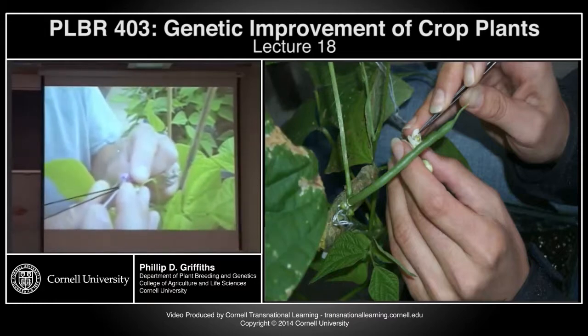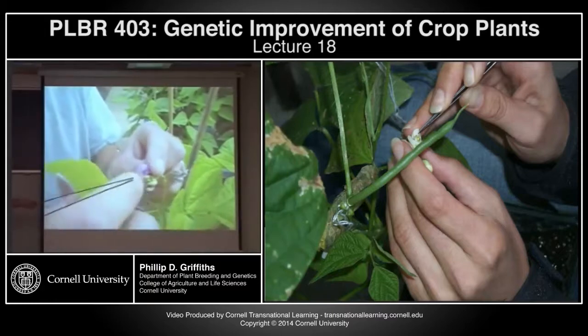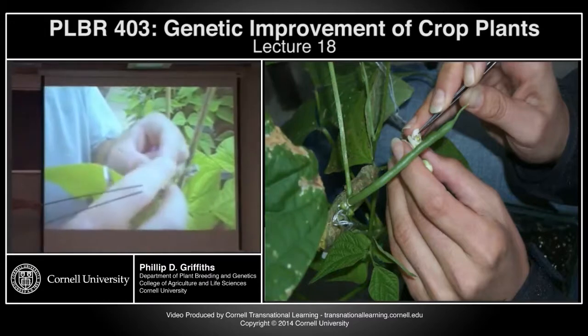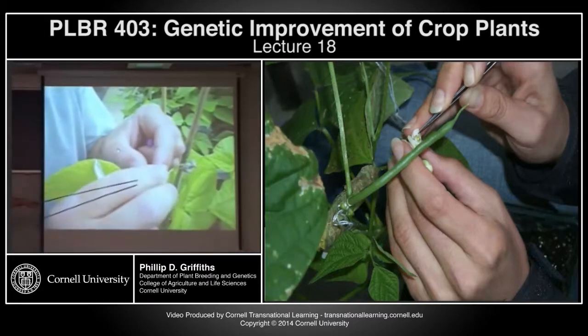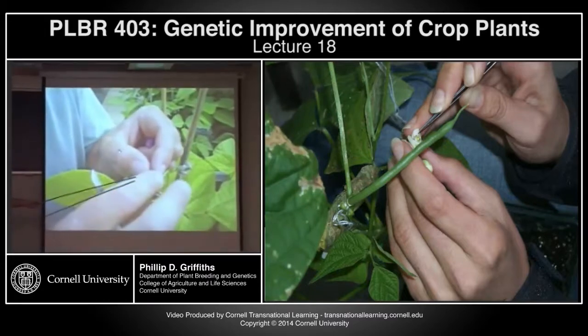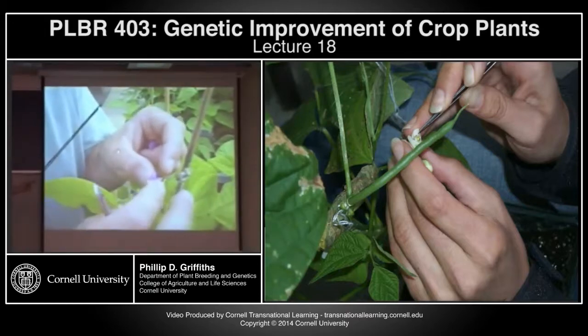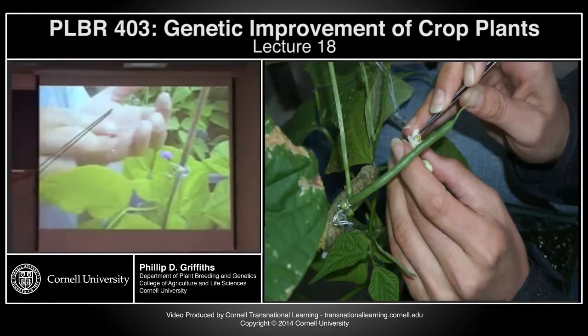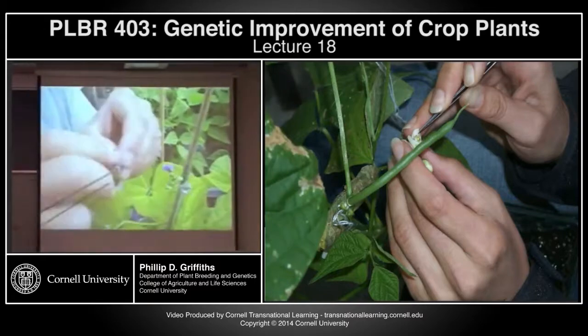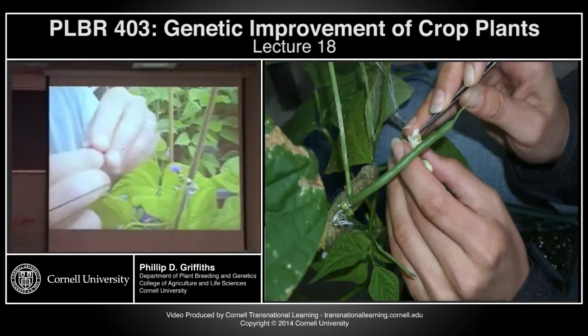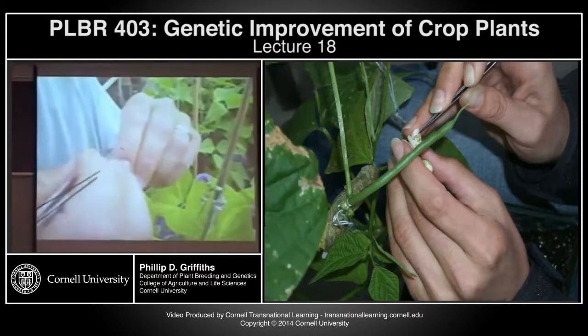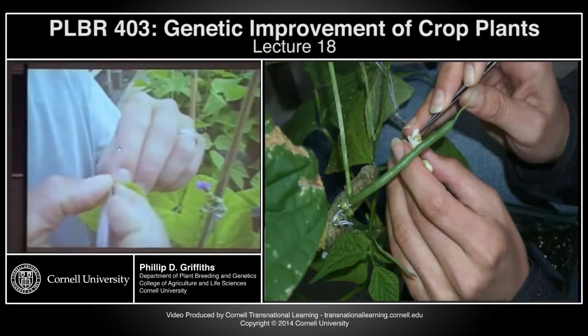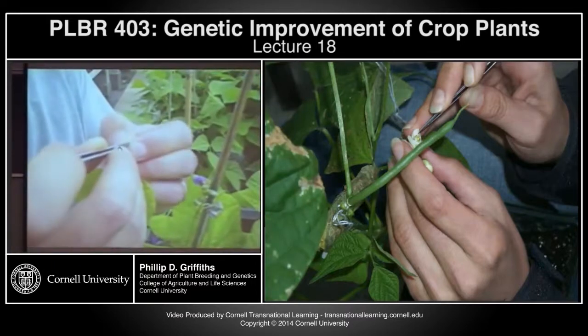It's opened up, and the male anthers are pulled away from the pistil. And then we can take the mature anthers from a mature flower on a different plant, and we can then hook that into the pistil to pollinate it.